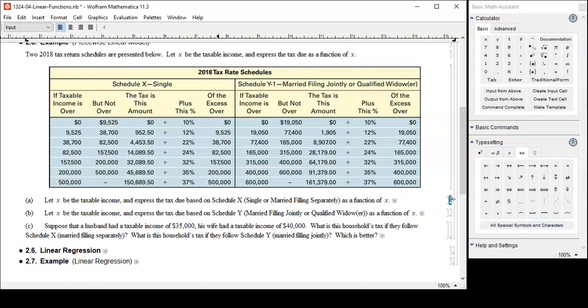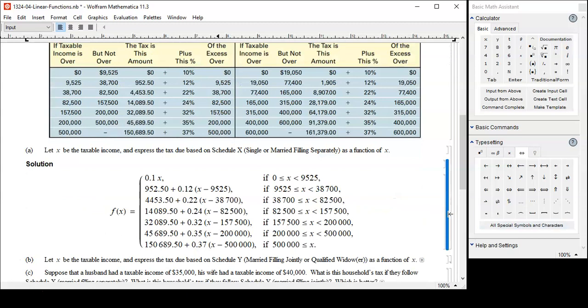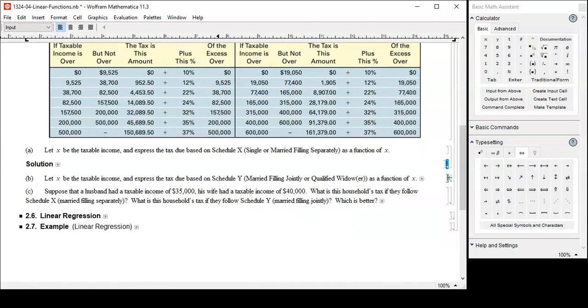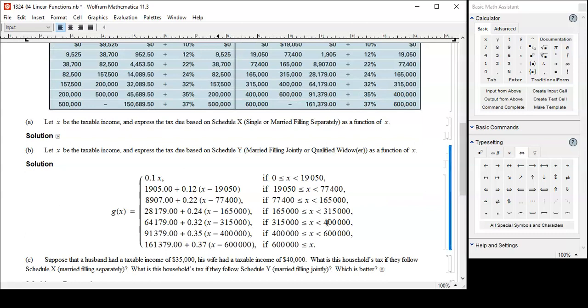So whether you use F for 35,000 and 40,000 and adding them up versus G, all 75,000 and working out.